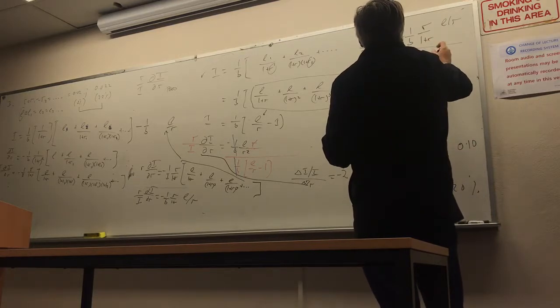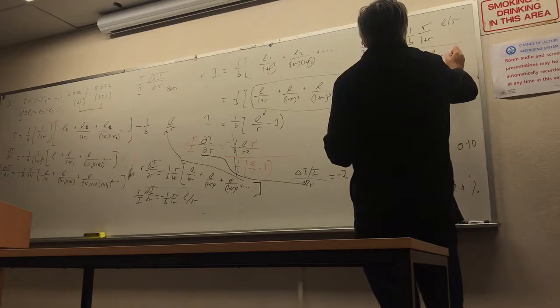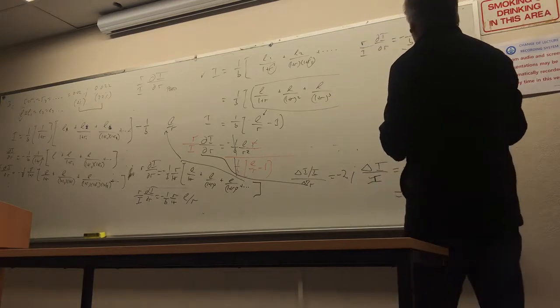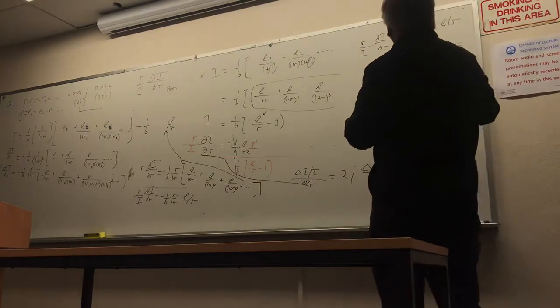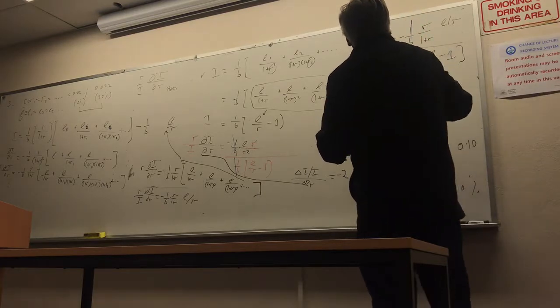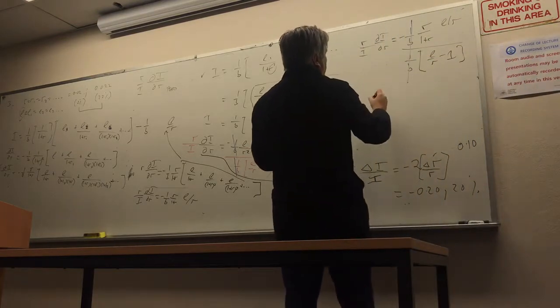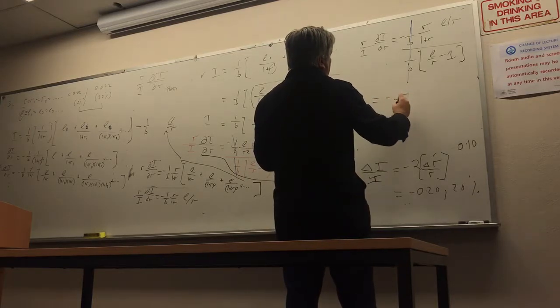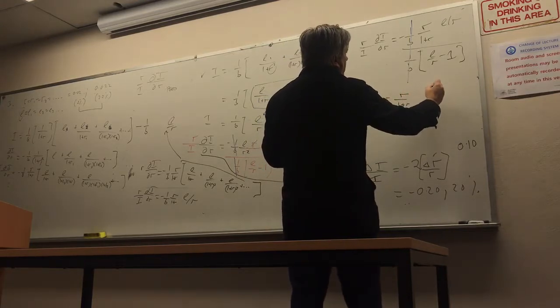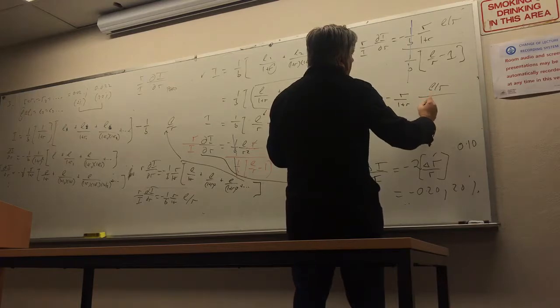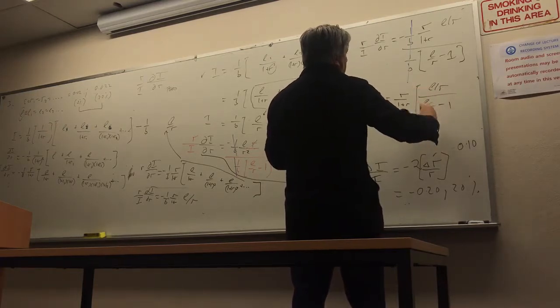We learnt what it was before. It was rho over R minus 1, wasn't it? Cancellation comes. So our elasticity is now minus R over 1 plus R, rho over R over rho over R minus 1.